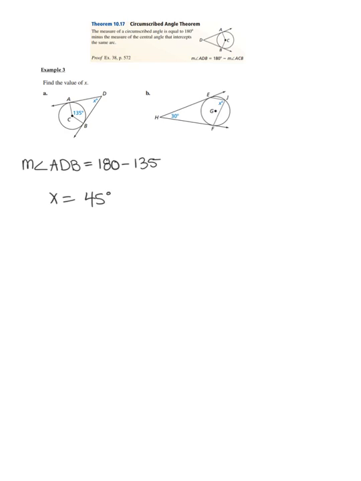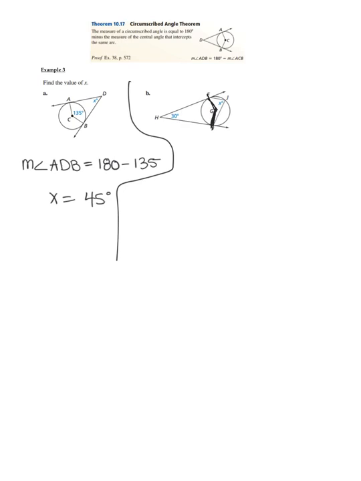Now, if I look at example B, this one's a little bit more complicated. There's a few more steps involved because this time you're given an inscribed angle, right? You have an inscribed angle and also you have a circumscribed angle. The first thing that you would want to do in this situation is start by drawing your central angle. It's a really bad angle, but that's okay.